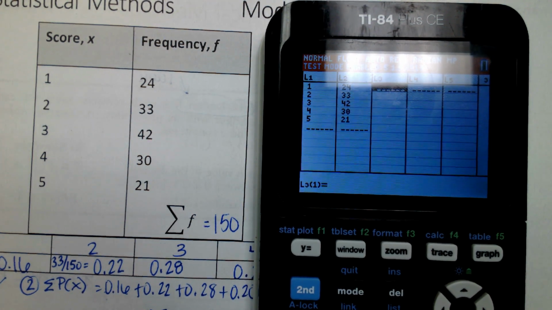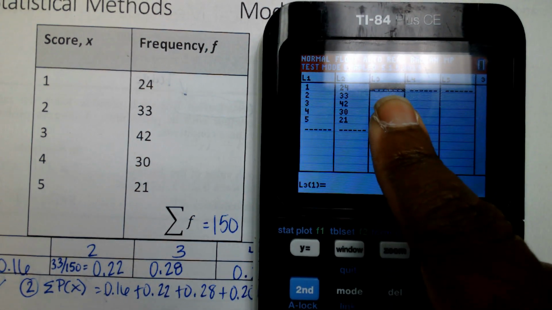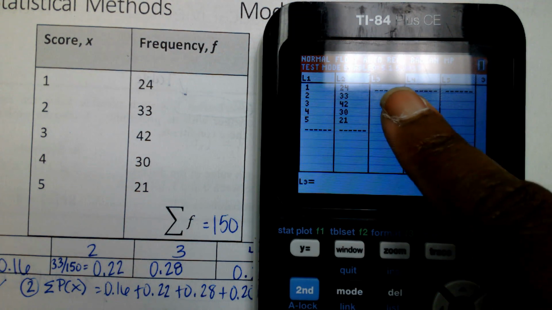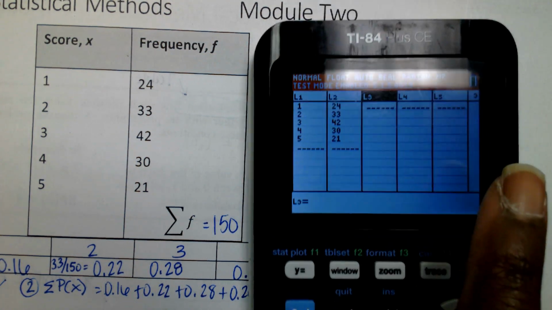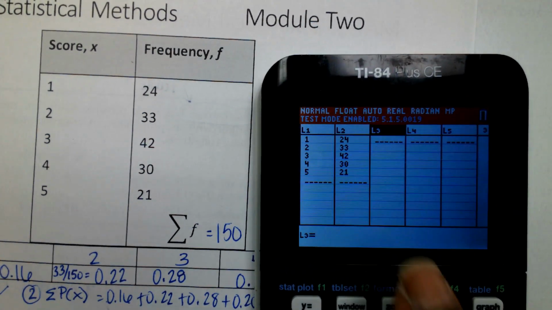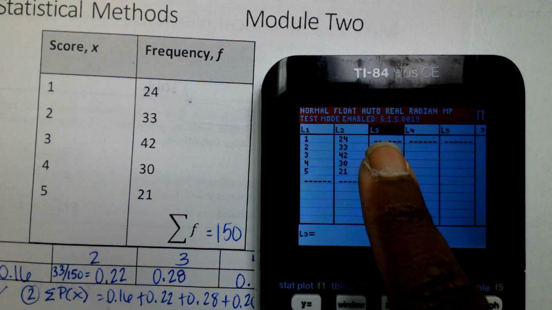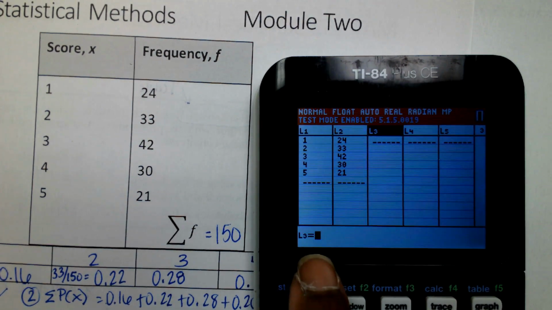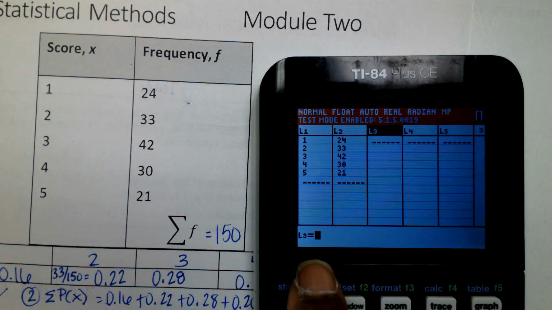So I'm going over to L3. I'm not going to write in here. This is where I want the calculator to calculate all my numbers. I want to go up to L3 when it's dark. Hit enter just once so that I can enter something in L3.